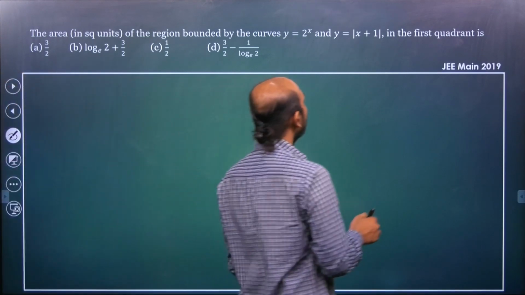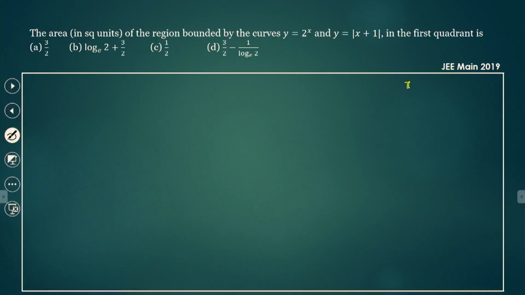Okay, let's go ahead. So we say that the given curve is y is equal to mod of x plus 1.